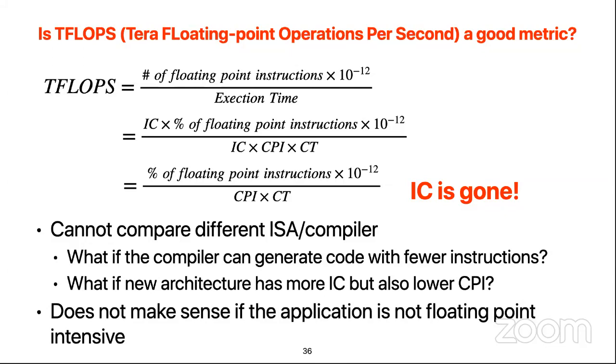So if I have an instruction set architecture that generates more instructions, that is gone too, although more instructions would actually give you longer execution time, right? So everything about instruction count is gone.